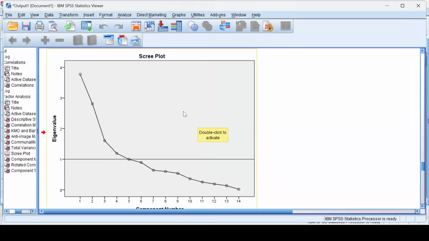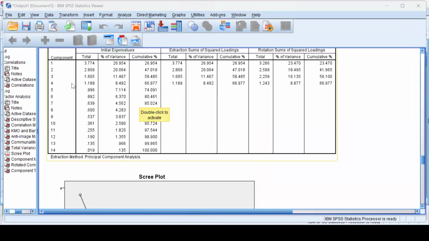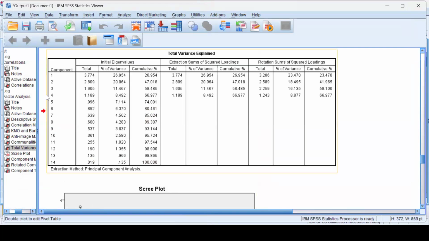So this scree plot is telling us we should retain 4 factors, 1, 2, 3, 4. 5 is less than 1, so we will not retain. तो यहां से भी हमको पता चल गया there are 4 factors we will retain. और percentage of variance it is greater than 60%.